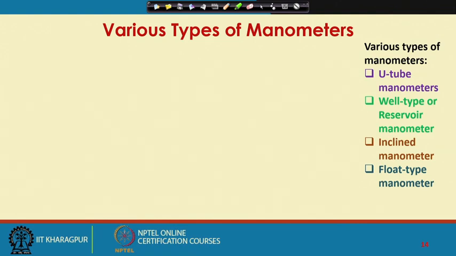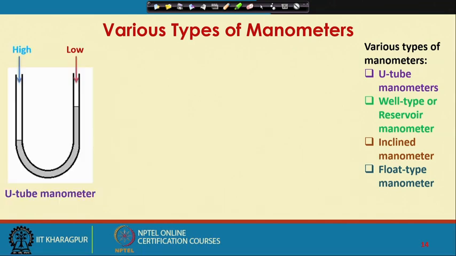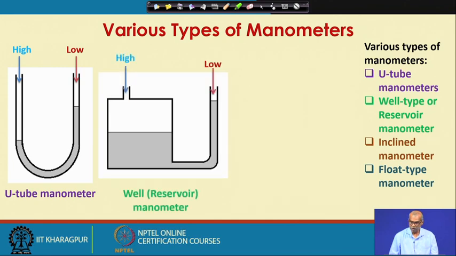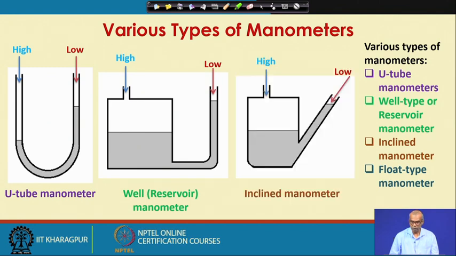Various types of manometers are U-tube manometers, which we just talked about. Then well type or reservoir manometer, which is a modified U-tube manometer. Then we have inclined manometer, and then you also have float type manometer.